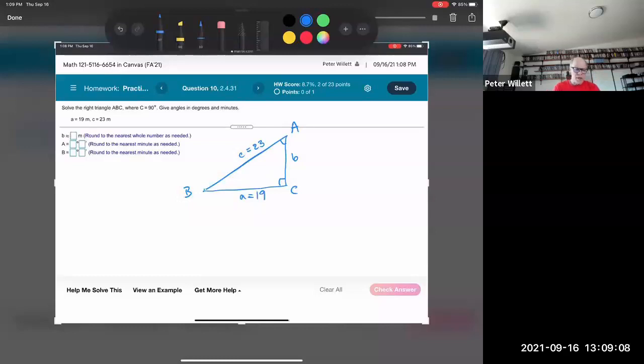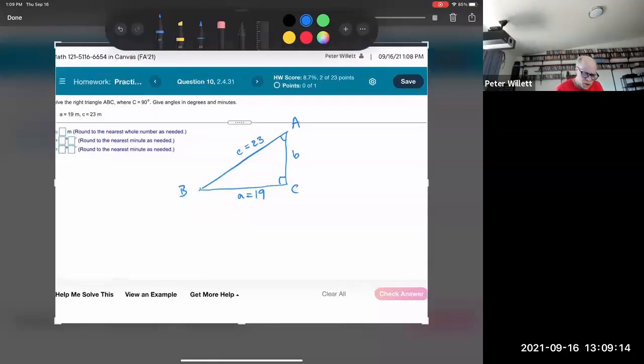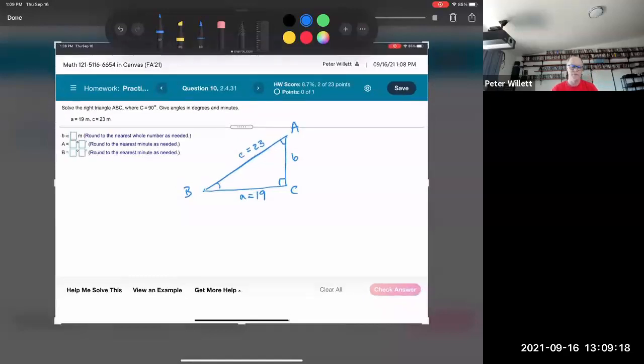All right, so what did they give us in this case? Instead of giving us two angles, they only gave us one. They only gave us the 90-degree angle. And instead of giving us one side, they gave us two sides. So we could find the third side immediately by using the Pythagorean theorem, not caring about the angles at all.